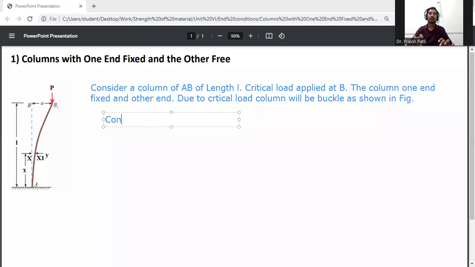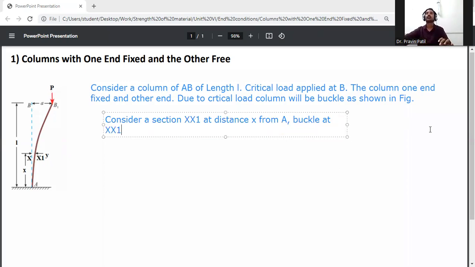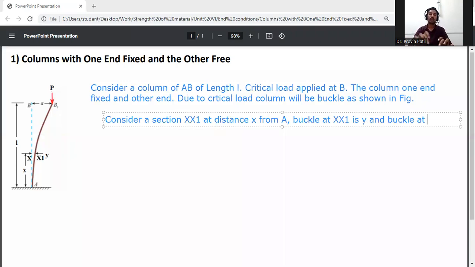Consider section XX1 at a distance x from A. The deflection at XX1 is small y, and the deflection at the free end is small a.